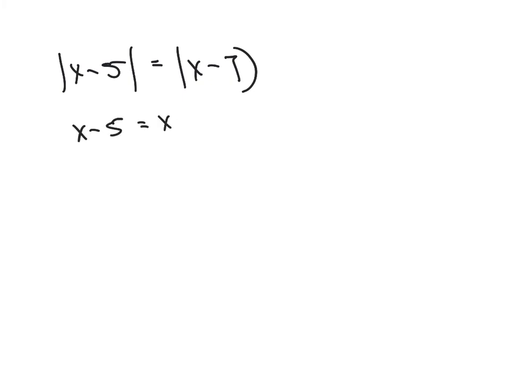So example 6. Exactly the same thing. They're either going to be opposites or equals. So there's equal, and here is opposite.